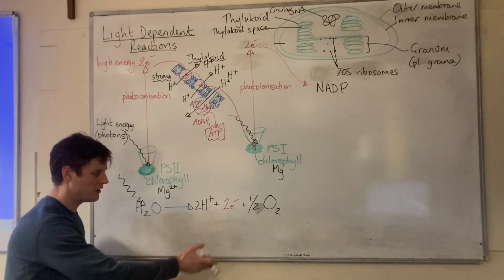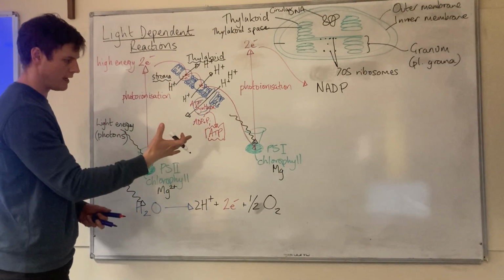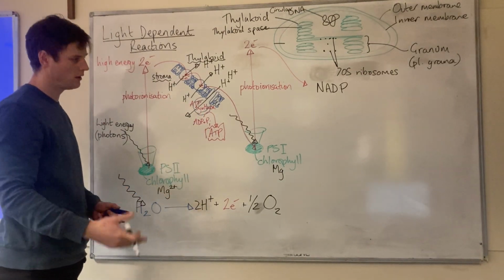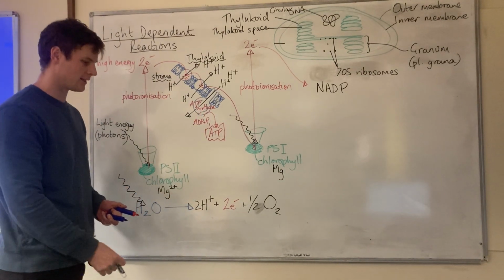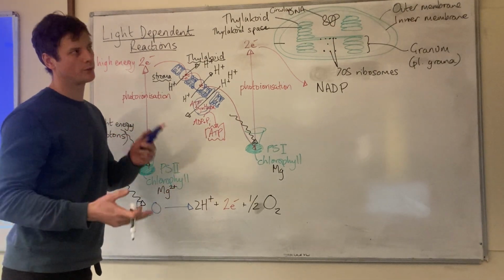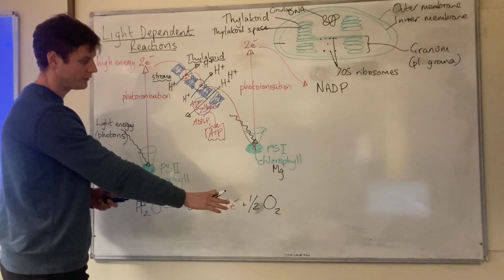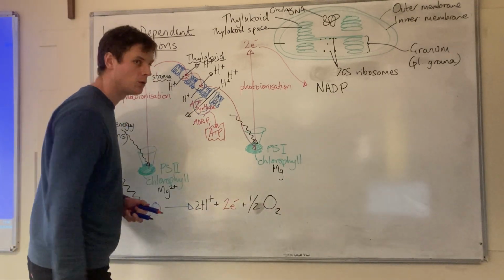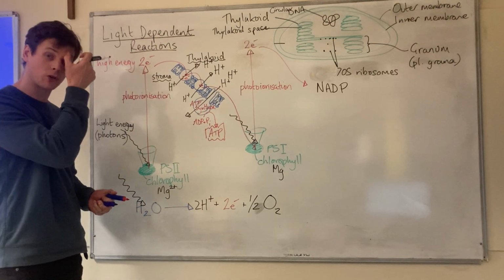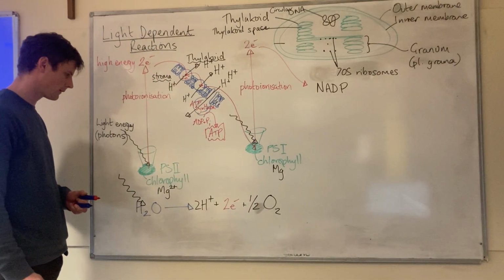Obviously this is going to happen twice and you get a full molecule of oxygen. But this is the oxygen produced from photosynthesis. When you think of that GCSE level equation for photosynthesis, we know we get 6 moles of oxygen being released, and there's half of one there.